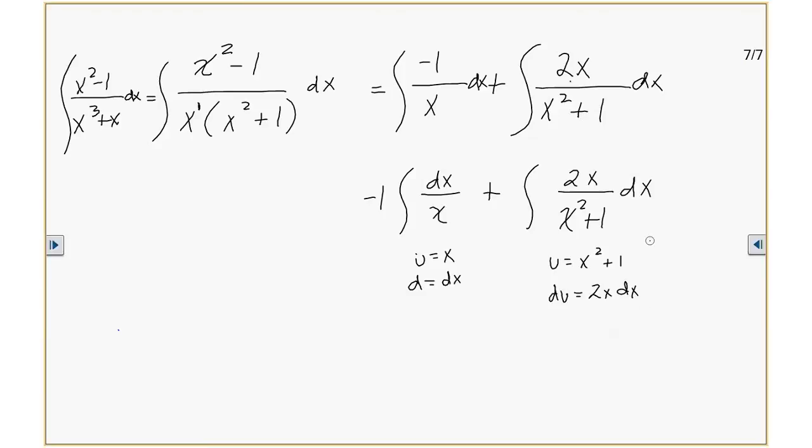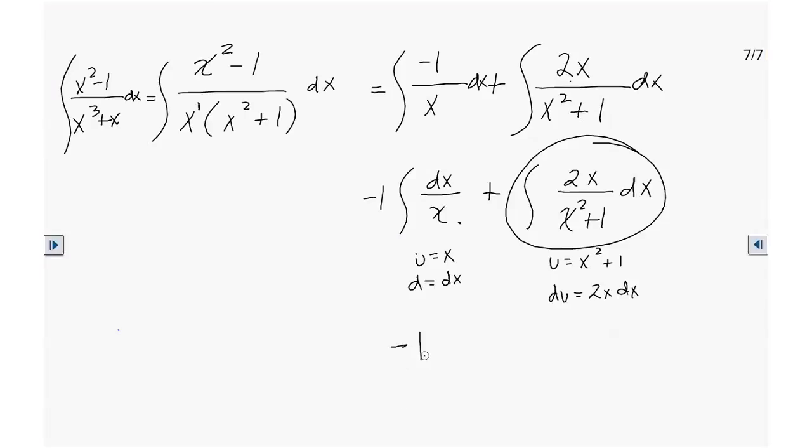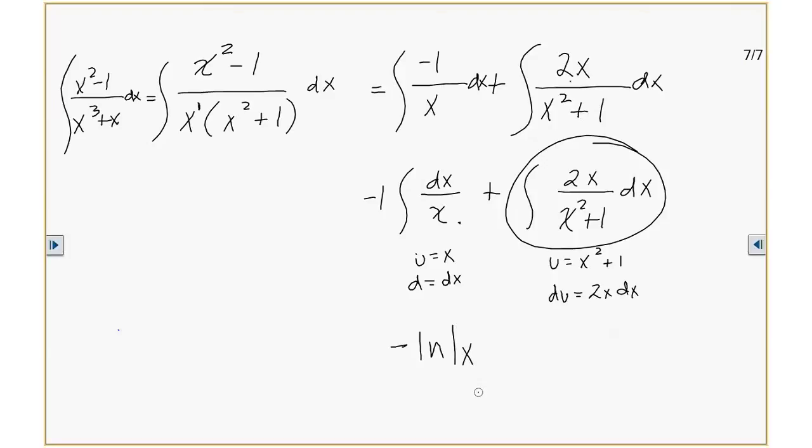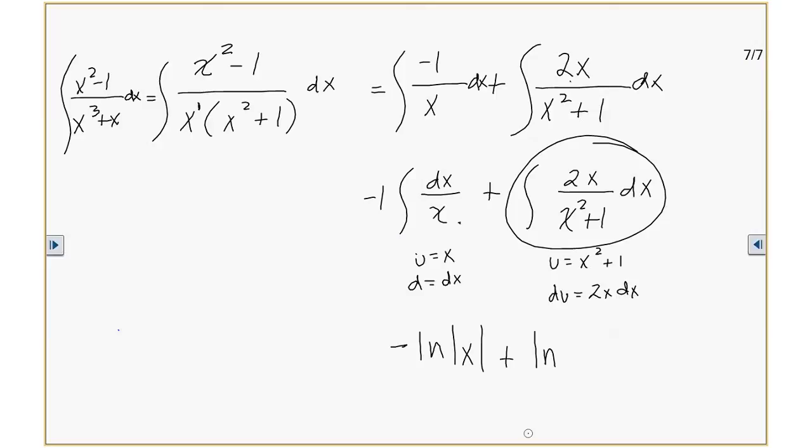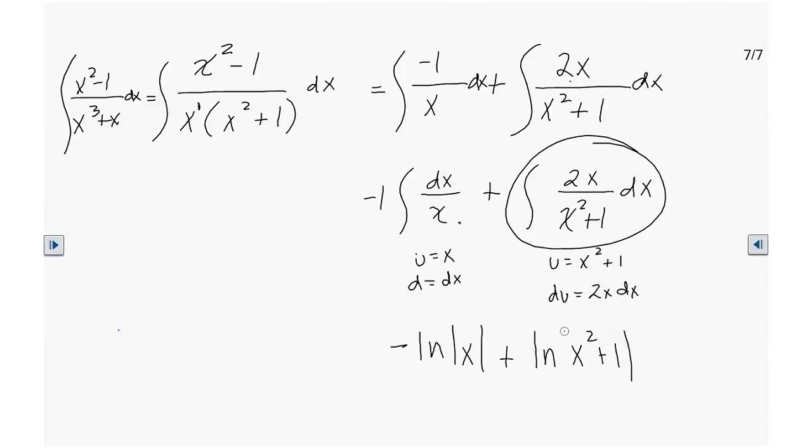So we still have it, but I'm trying to get you ready. You're going to start seeing more complicated antiderivatives, so I'm letting you crawl before you walk. So negative natural log of x plus natural log of x squared plus 1 plus c.